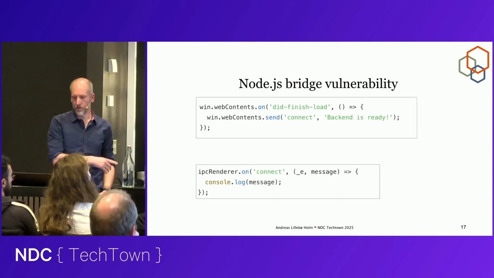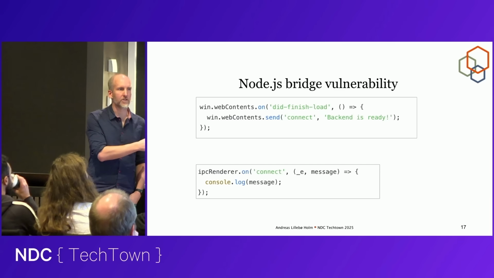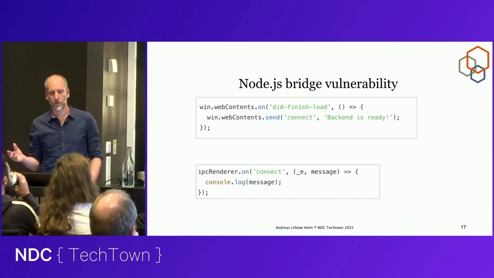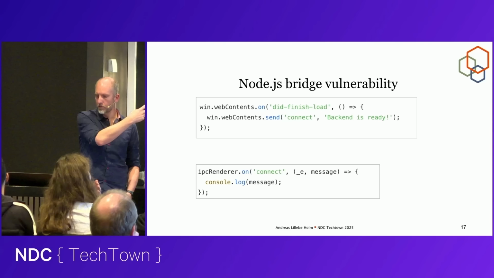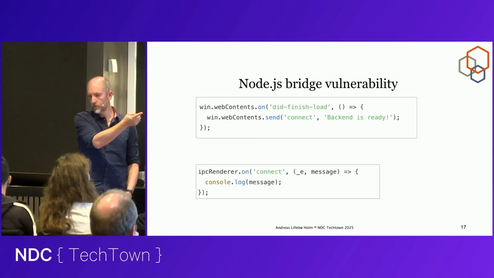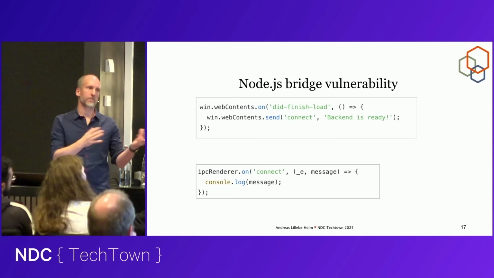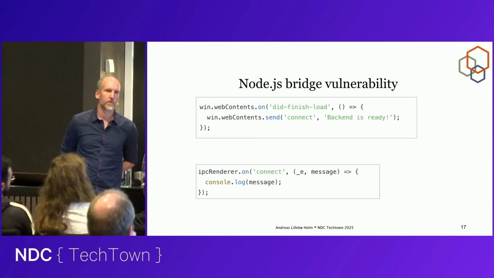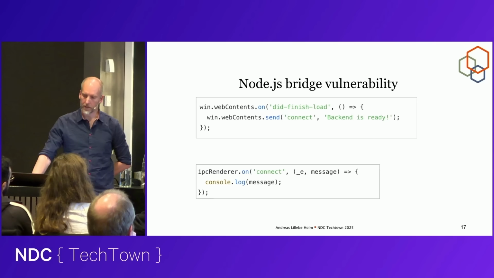And this is the other way around, so you can also have the backend send messages to the front end, where you send status updates. So this is just when you loaded the web window, you send, okay, we're connected, the backend is ready, and on the front end you can listen for that message. Both of these are unsafe ways of doing it, but completely legal.